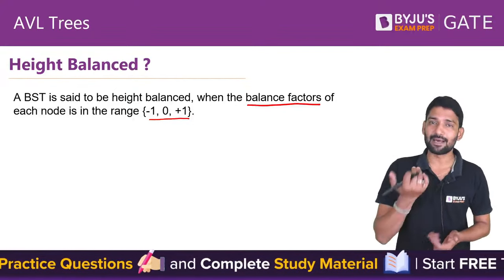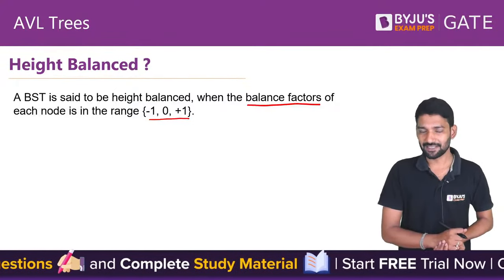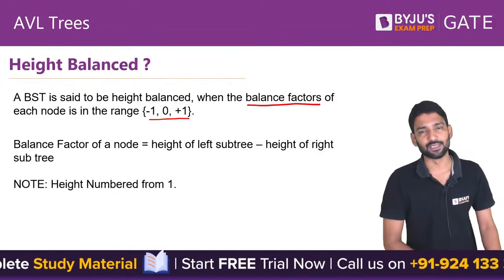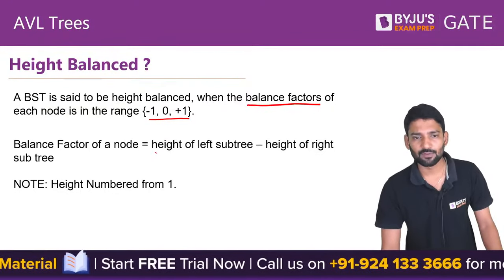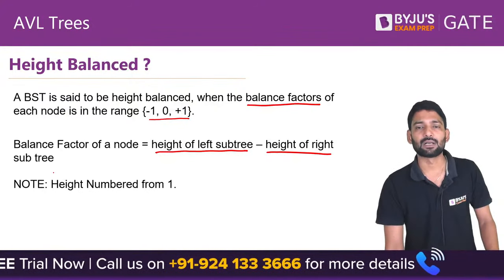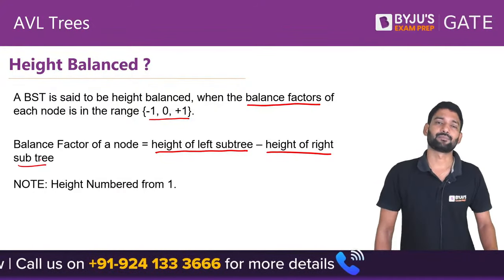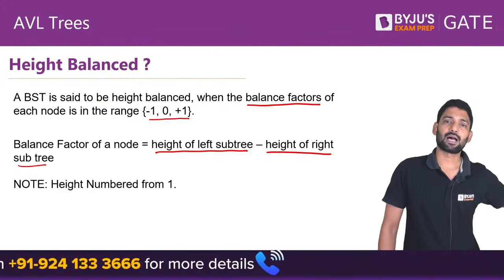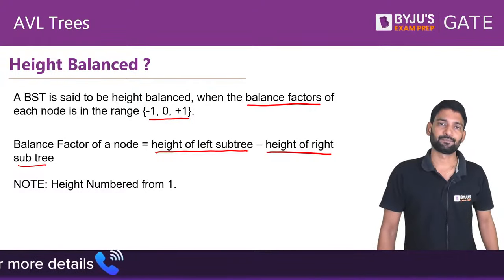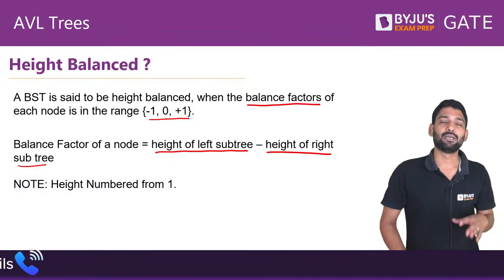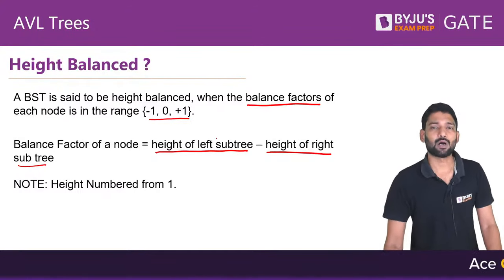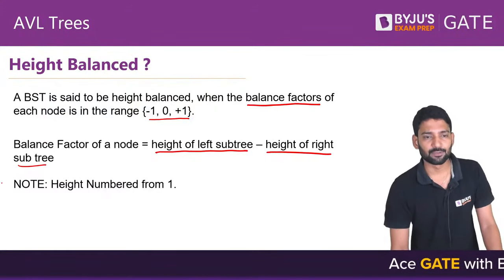Then now we will get this question: sir, what is balance factor? Let us see. Balance factor of any node is height of left subtree minus height of right subtree. And here please remember, in this balance factor calculation, we will count the height numbered from 1.